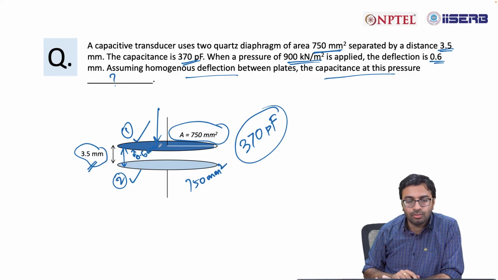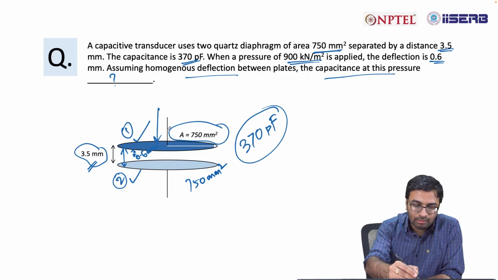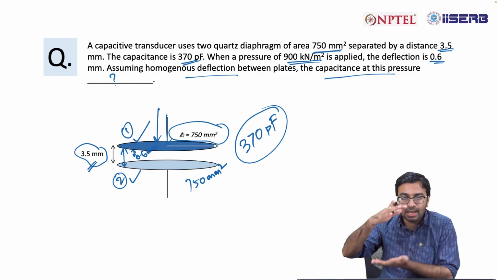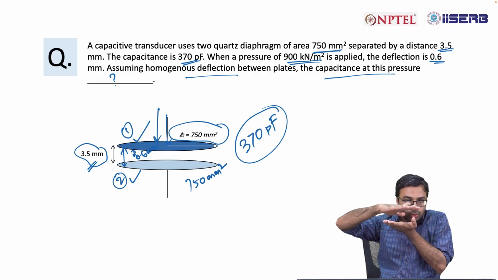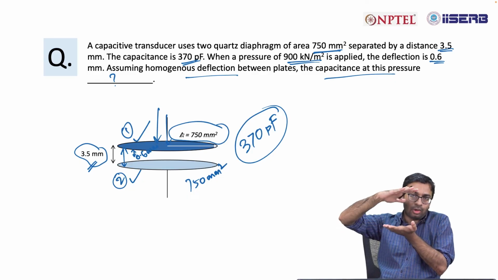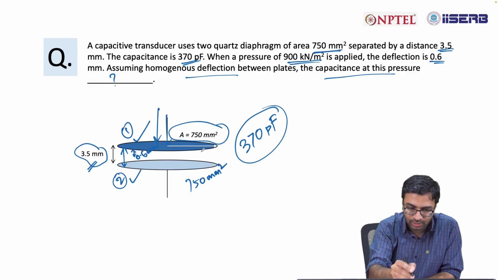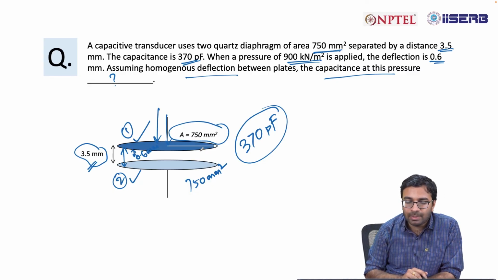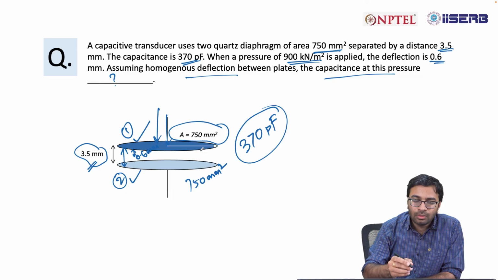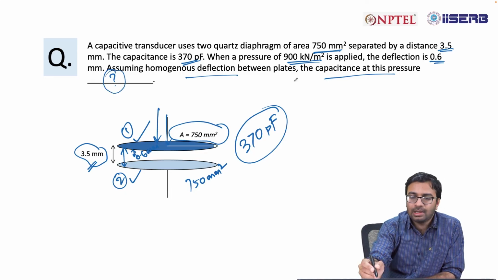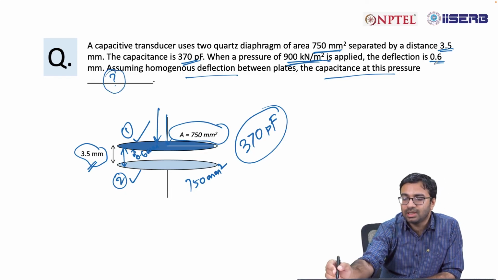Now, if you assume a homogeneous deflection between the plates, that means when you apply the pressure, the entire top diaphragm will come close to the bottom diaphragm. So, this deflection is homogeneous across the plate. The capacitance value we need to now measure at this condition when the pressure is this and deflection is this.